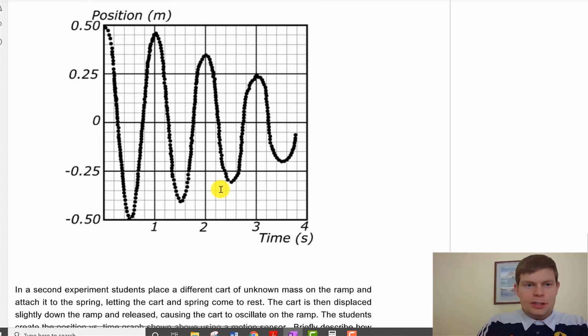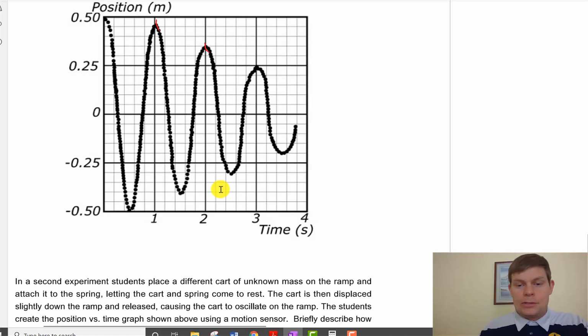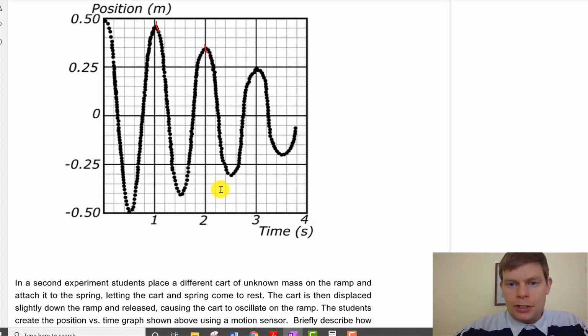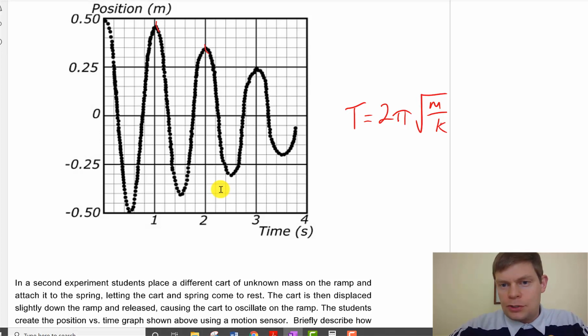That's just the time to do its thing once. If you look at your crest to crest distance, it looks like it's about 1 second. Your period formula from that unit is 2 pi root m over k. If you know k and you know your period, which is 1 second, you can totally solve for m. So just say something like that and you're done.